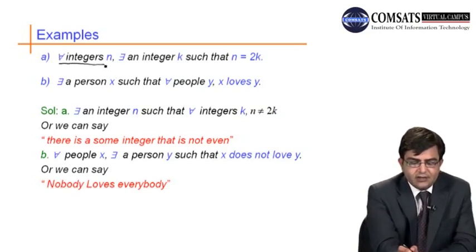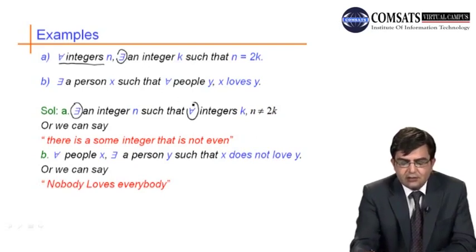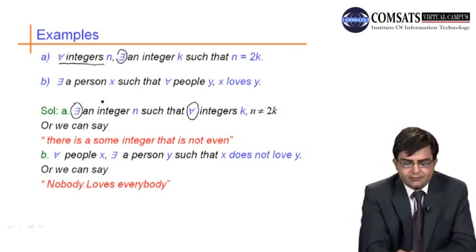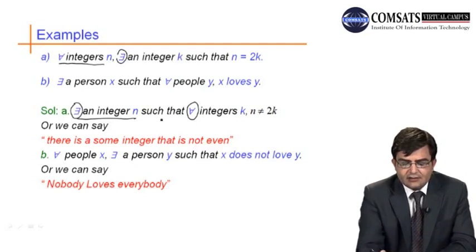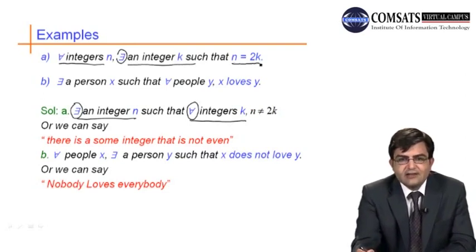For all integers n, as I have told you, for all will be converted to the existential quantifier, and the existential quantifier will be converted to the universal quantifier. So for all integers n will be converted to there exists an integer n, and there exists an integer k, for all integers k, will be converted to this statement, and here we have n is equal to 2k.